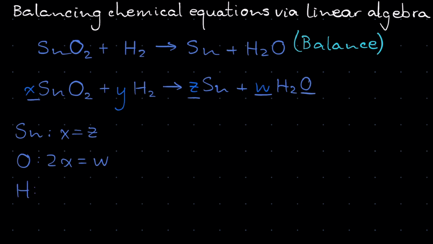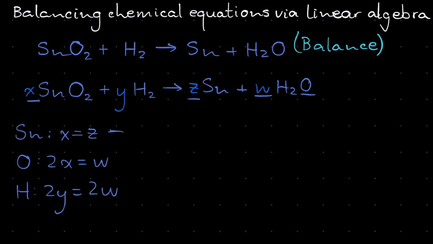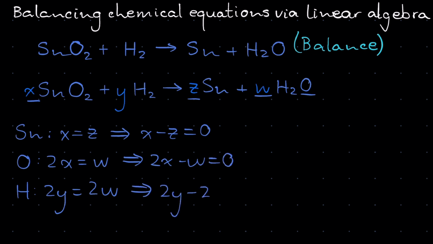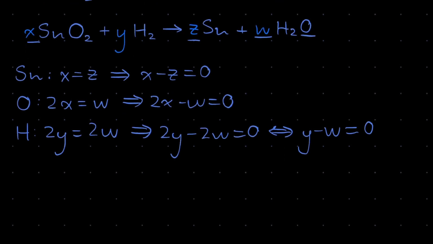For hydrogen, we want 2y to be equal to, well, over here, 2w. So, putting the variables to one side, what we have is x minus z is equal to 0. 2x minus w is equal to 0. And 2y minus 2w is equal to 0, which is equivalent to saying that y minus w is equal to 0, dividing 2 on both sides.